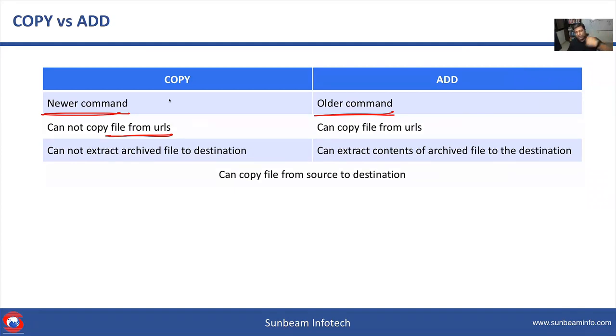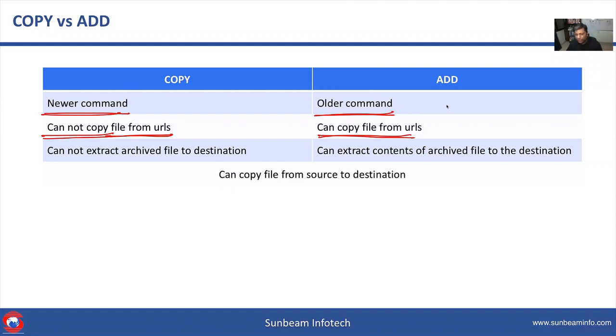If you want to download something from a URL, you have to use ADD. So it cannot copy something from a URL, but ADD can copy the contents from a URL. So you may say ADD http://... and the destination directory in your container. That is possible, but you cannot say COPY there because COPY cannot download resources from the internet.